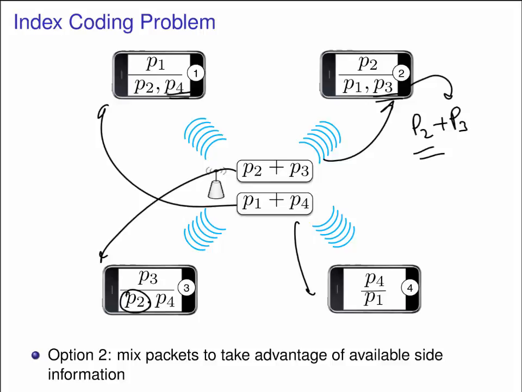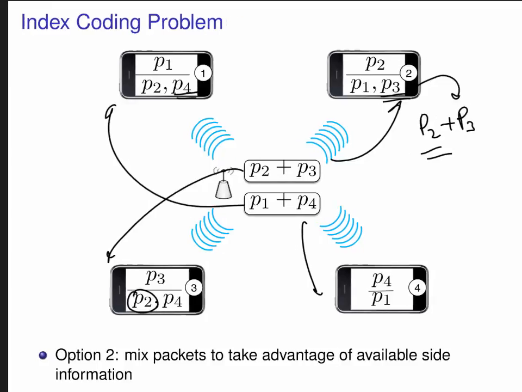Okay, so this is the index coding problem, and this is one of the central problems in wireless network coding. We will study this problem later on in the class and discuss different interesting properties of it.